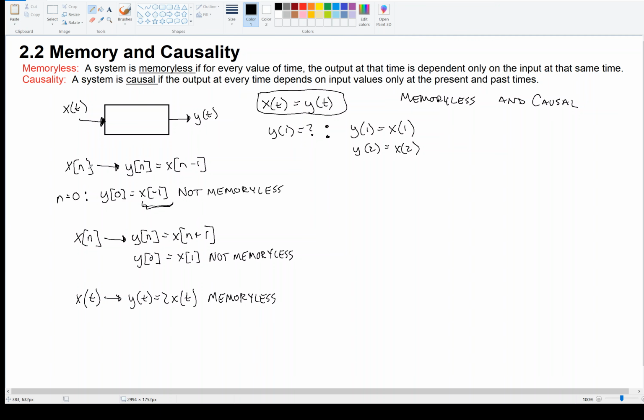Let's consider our second example, where we're analyzing a delay by 1 unit. If I want the output right now, I have to look 1 unit in the past. So is that causal? It is causal, because the output y depends on the input now or in the past, but not in the future.